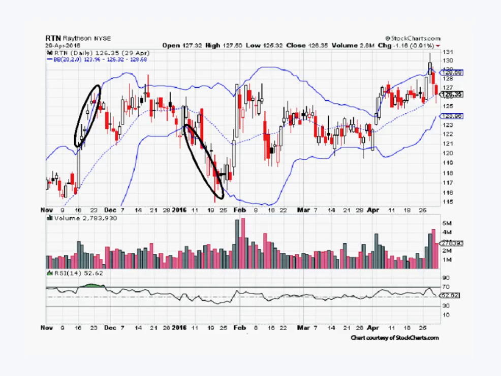Mel asked, do you run scans using the percentage band width to alert you as bands begin to narrow? I do track stocks, especially stocks that I'm holding, to see the expansion and contraction of the Bollinger bandwidth, because, as you're pointing out, that is in fact a very, very good reflection of what's happening in volatility.